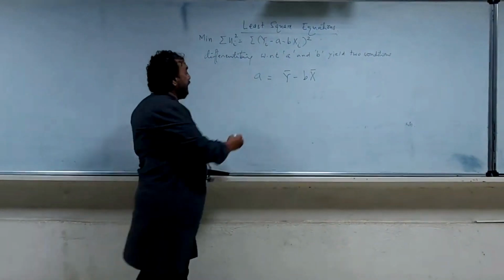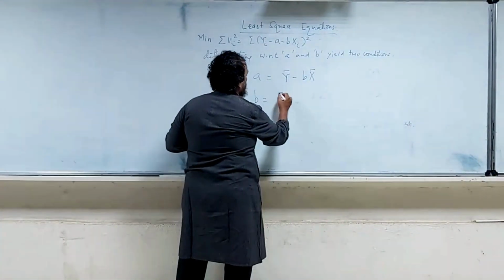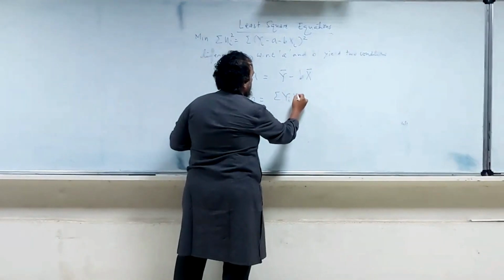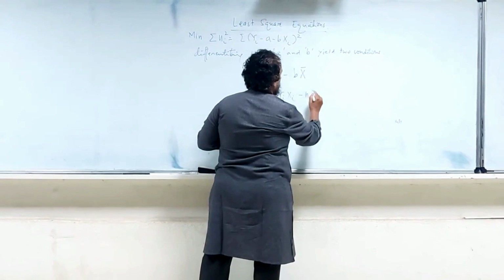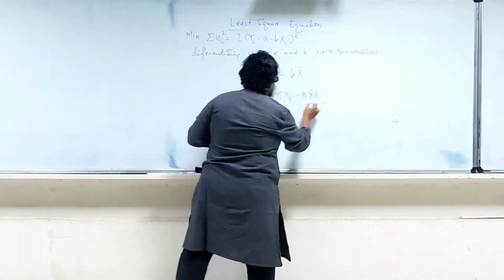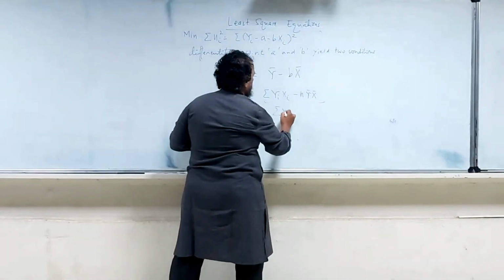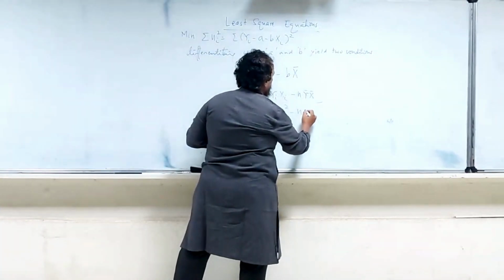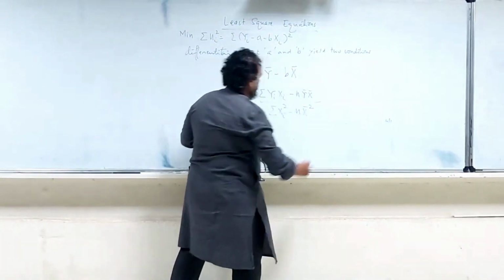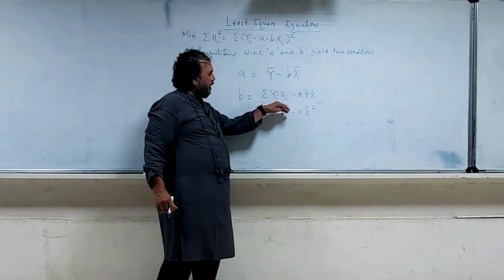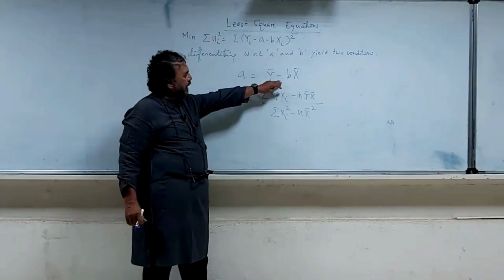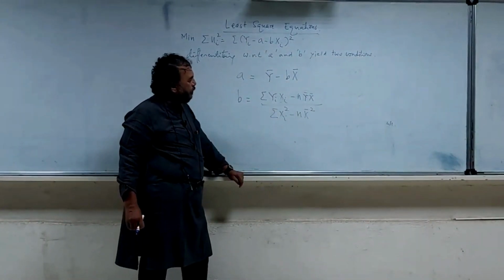And for b, we get summation yi xi minus n times x bar y bar, divided by summation xi square minus n times x bar square. As you can notice, this formula looks a little different. This is a rather straightforward formula for b.